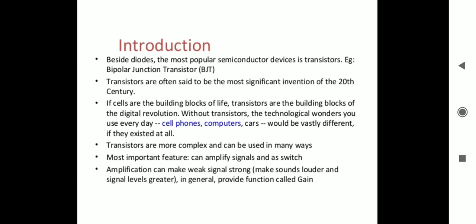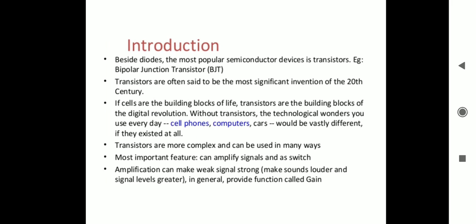You can now see the transistor definition. The term transistor was derived from the words transfer and resistor. Transistor is derived from the words transfer and resistor.